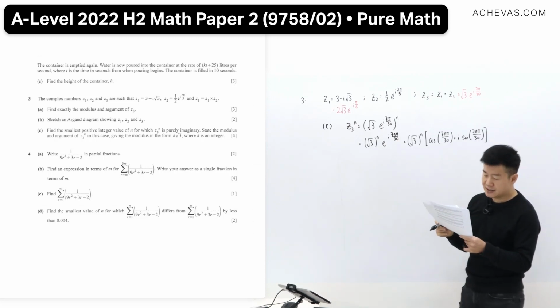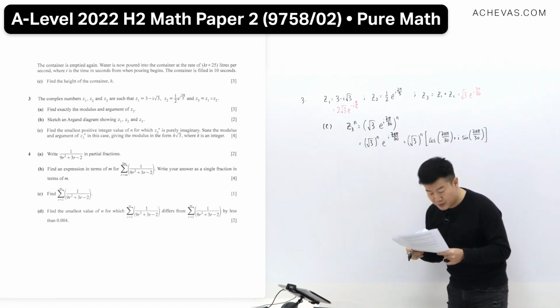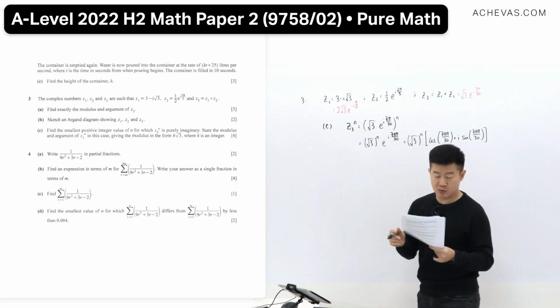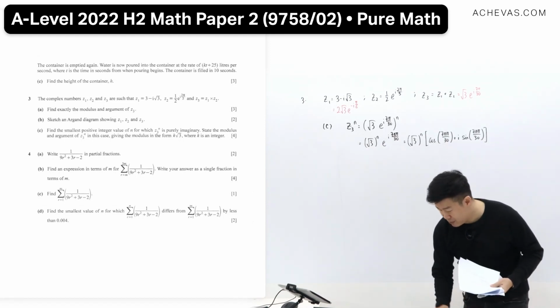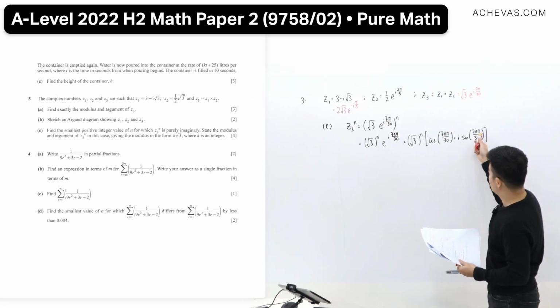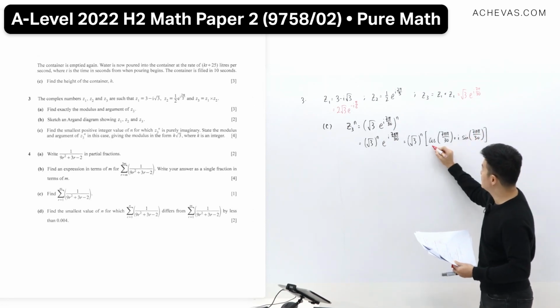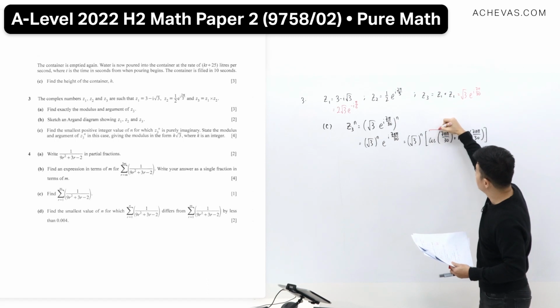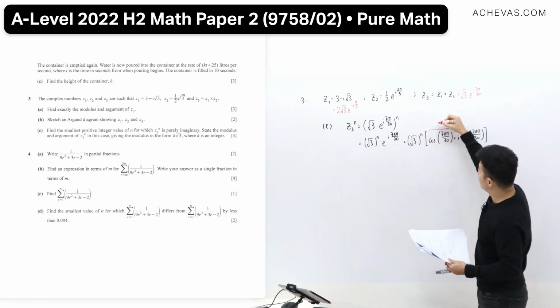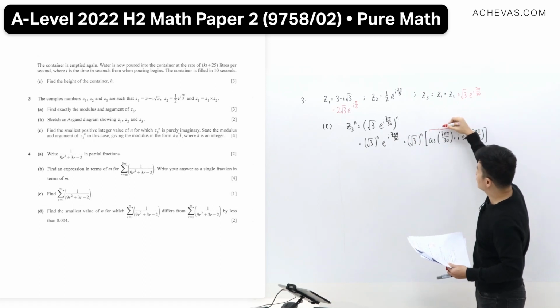And because the question says that z3 to the power of n is supposed to be purely imaginary, so for it to be purely imaginary, it is going to be just this portion, which means that this portion over here is always positive, so it can never be 0. So for this to be purely imaginary, this portion here must be equal to 0.